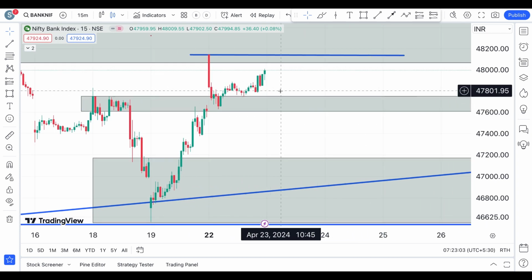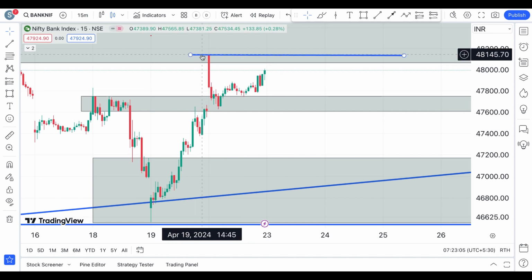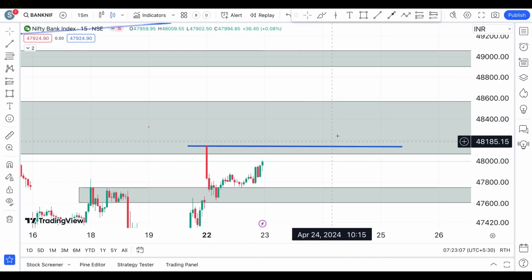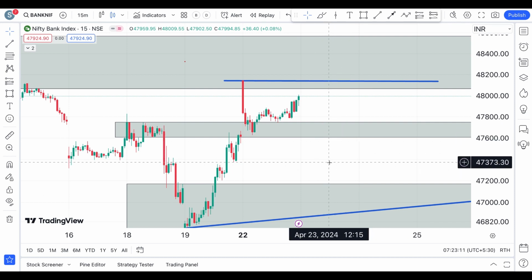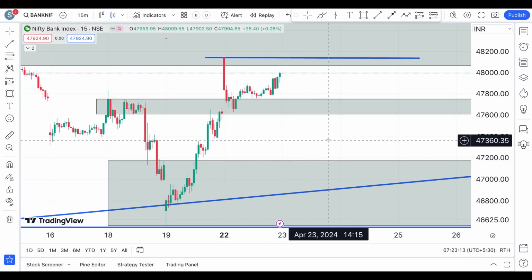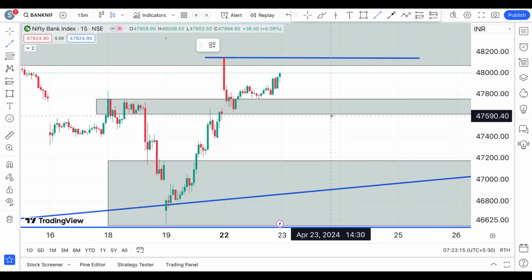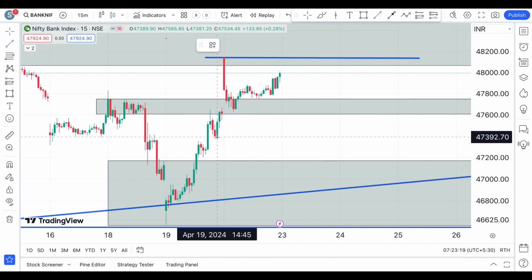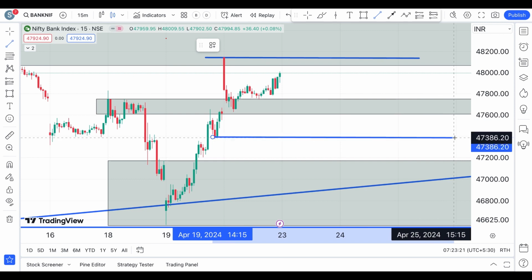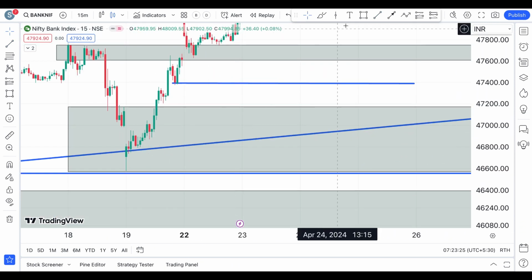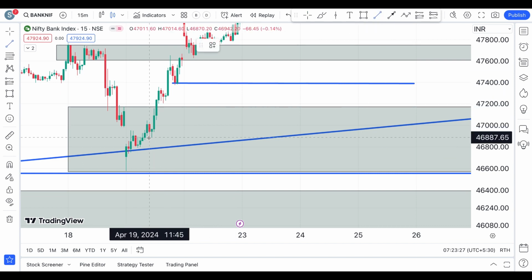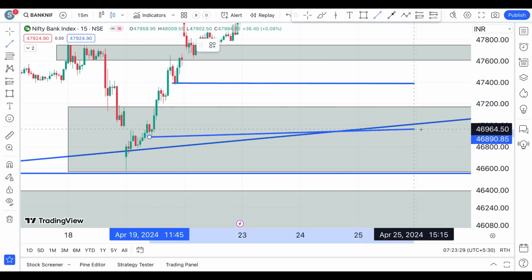So here you see this level is already marked, and this line is already marked. In fact, this is an entire zone. So you only have a few areas where you can play. And even here on the 5-minute time frame, you might think that this is a clear path. No, if you notice on the left side, here you have that small swing reaction, and here you have this swing reaction which is holding up tight.